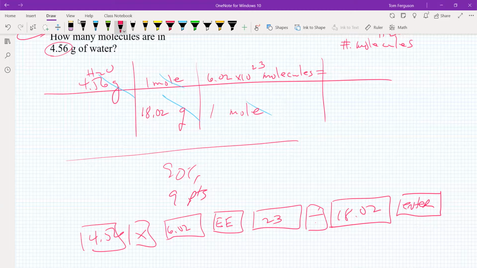Okay. All right. So we have 4.56 times 6.02 EE 23 divided by 18.02.